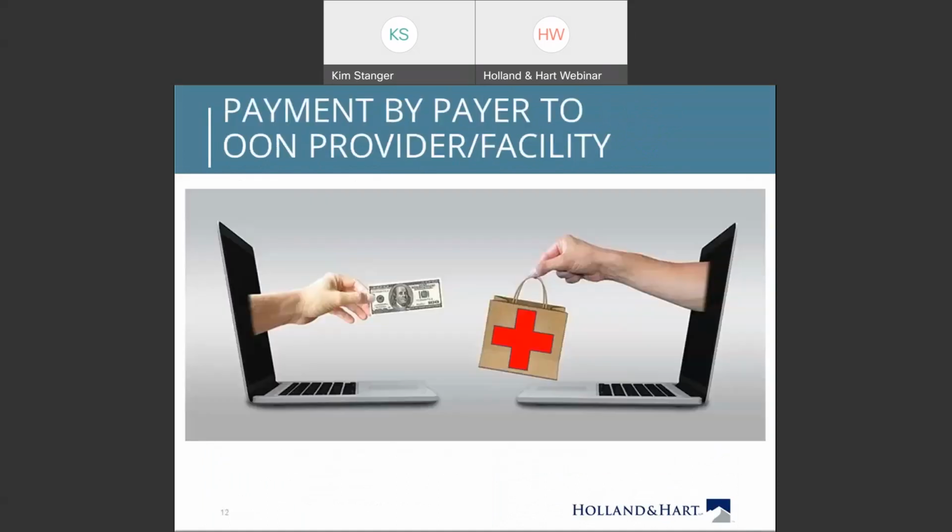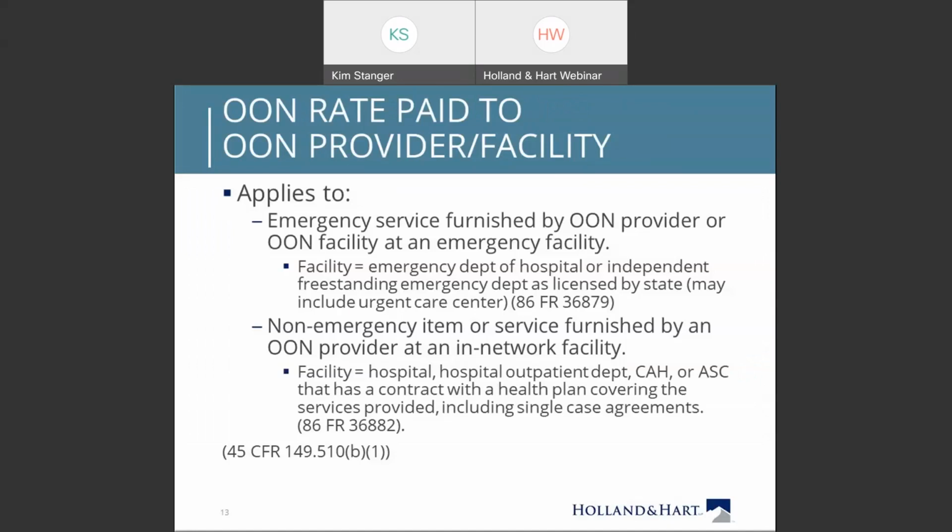So let's talk first about that IDR process. Let's make sure you understand the scope of this. This new IDR process is only going to apply to situations where emergency services are furnished by an out-of-network provider or an out-of-network facility at an emergency facility. It's not all emergency services that are being provided. It's not all providers.